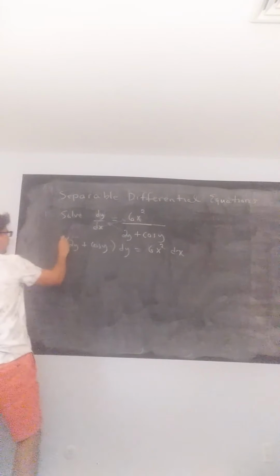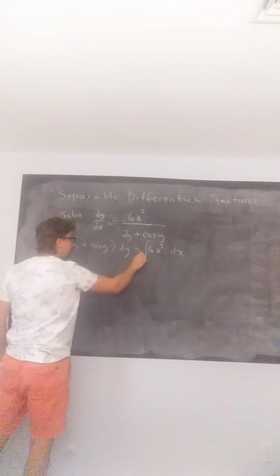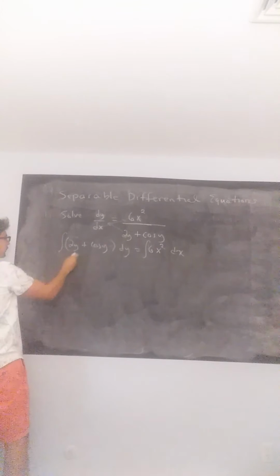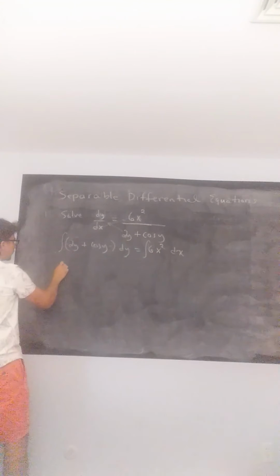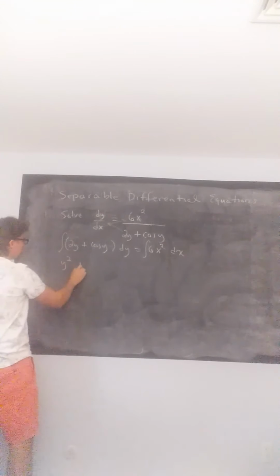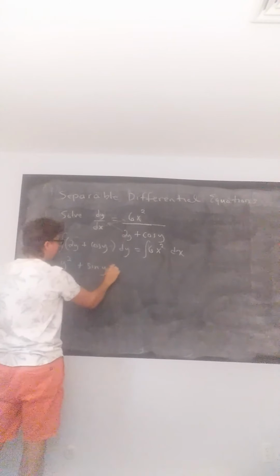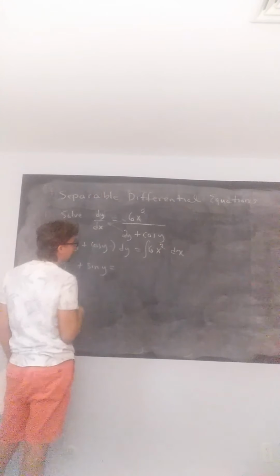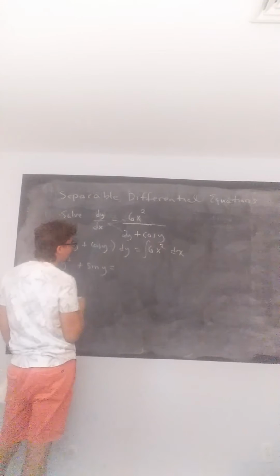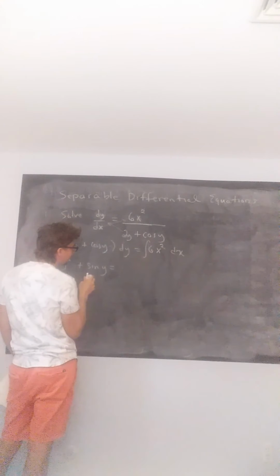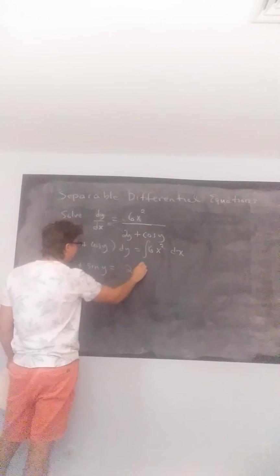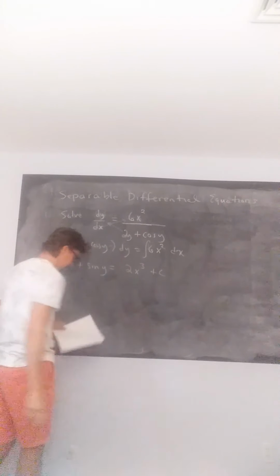Now we're going to integrate both sides. So this is going to be essentially y squared plus sine y equals, that's going to be 6x cubed over 3. So let's see, what can we call that? Can we call that 2x cubed plus c?